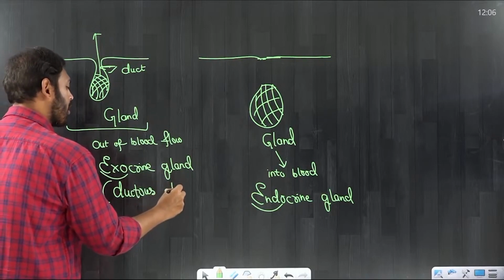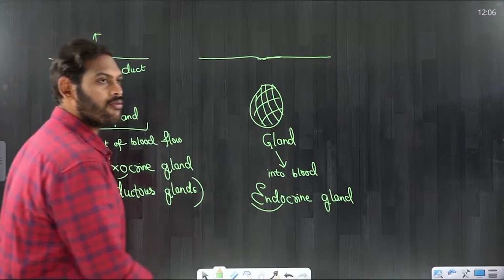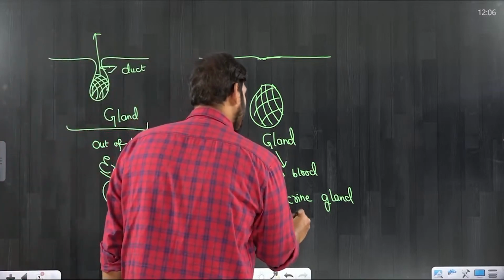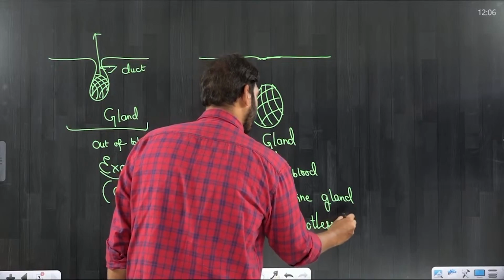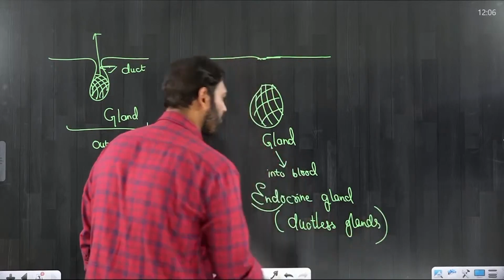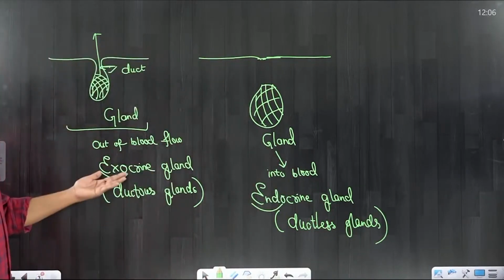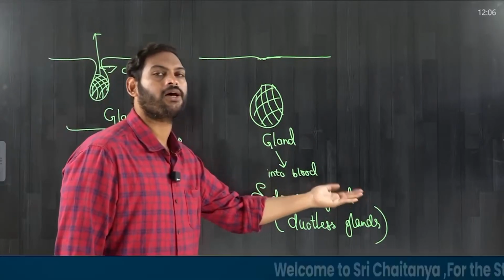Whereas endocrine glands, as they do not possess any ducts, we can refer to them as ductless glands. Done. Exocrine ductus, endocrine ductless glands.